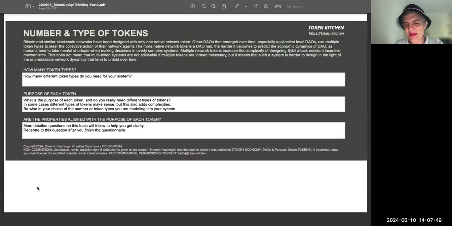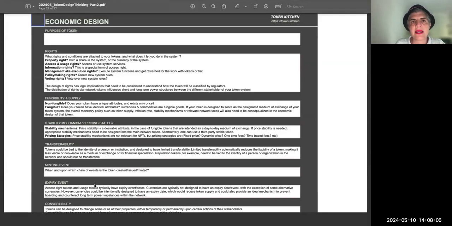And in order to test that, simulation tools make sense. All right. So for each token type that you're creating, you have, as I said before, economic, legal, technical and political questions. In the economic design, again, first question, what is the purpose of the token?